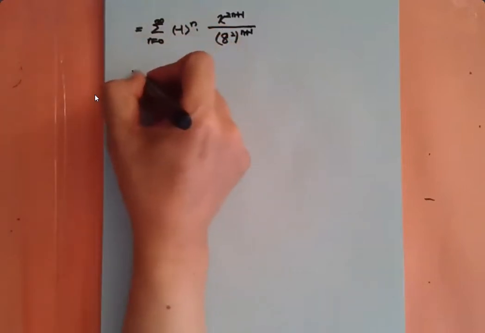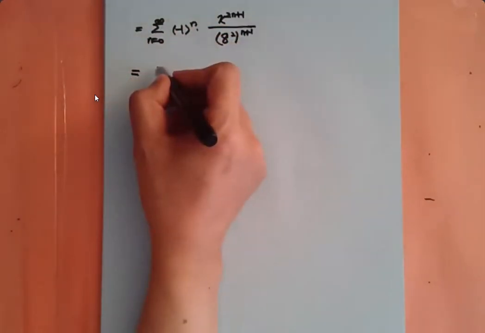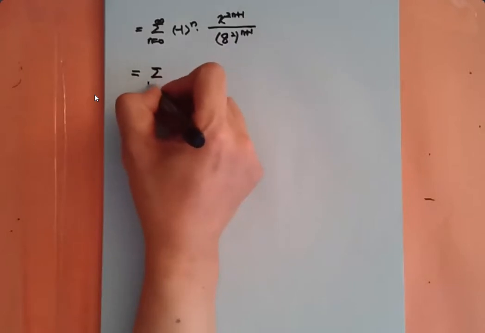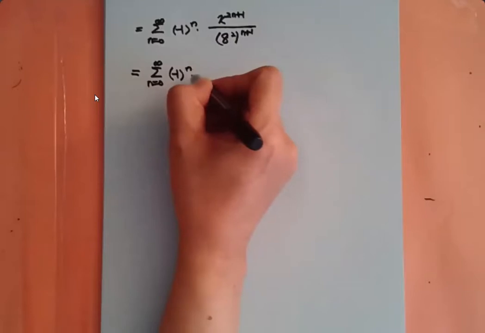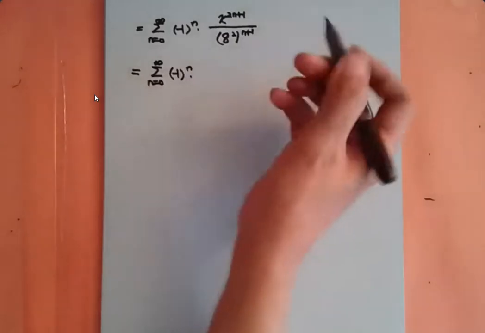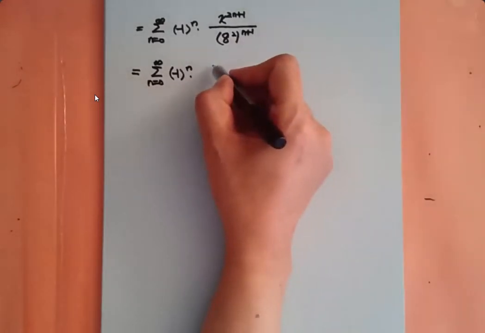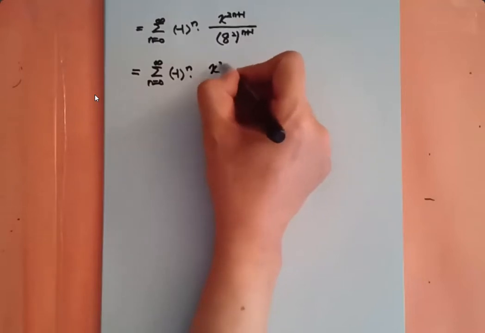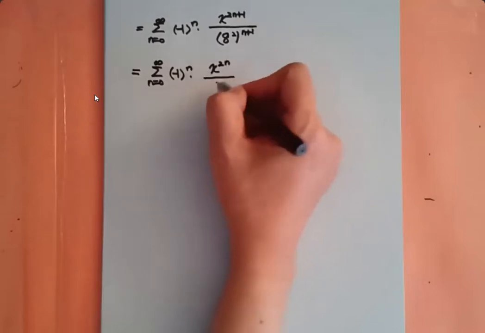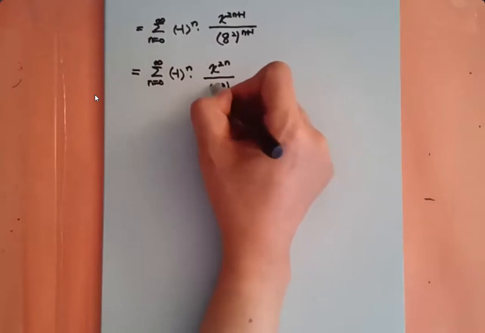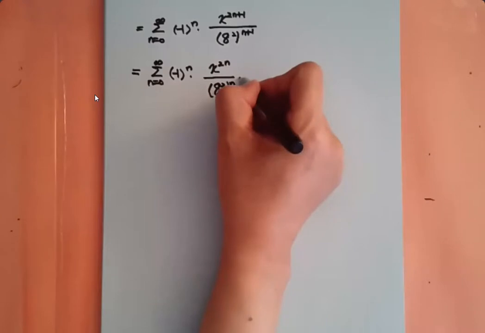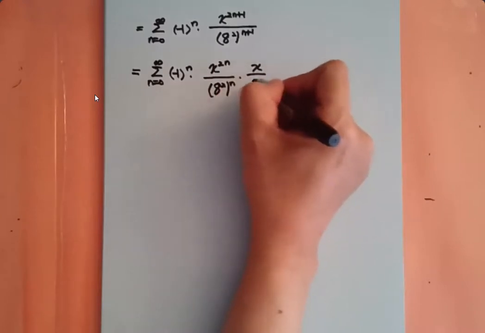So what can we say about this? Just a summation n equals 0 to infinity, negative 1 to the n power times x. So let's write down x to the 2n power over 8 squared to the n power times x over 8.